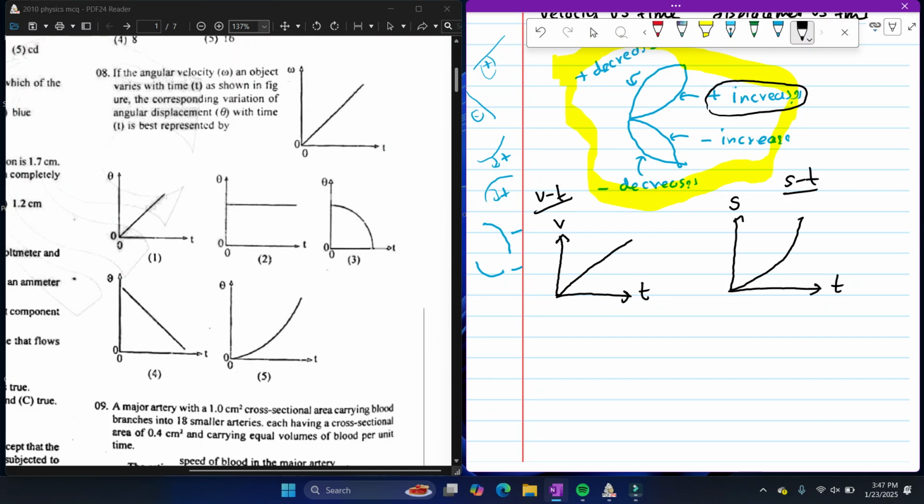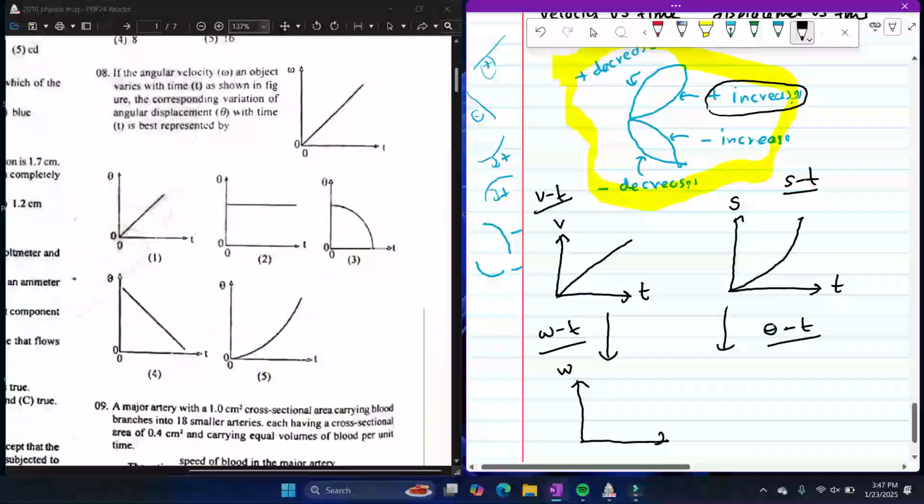So now convert this to the omega t graph, angular velocity time graph, and the angular displacement versus time graph, that is theta t. Just apply the same scenario here, same graph for omega t, that is like this.